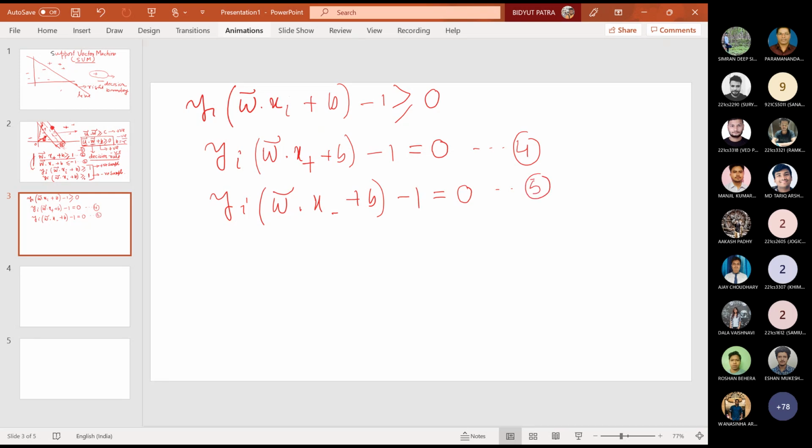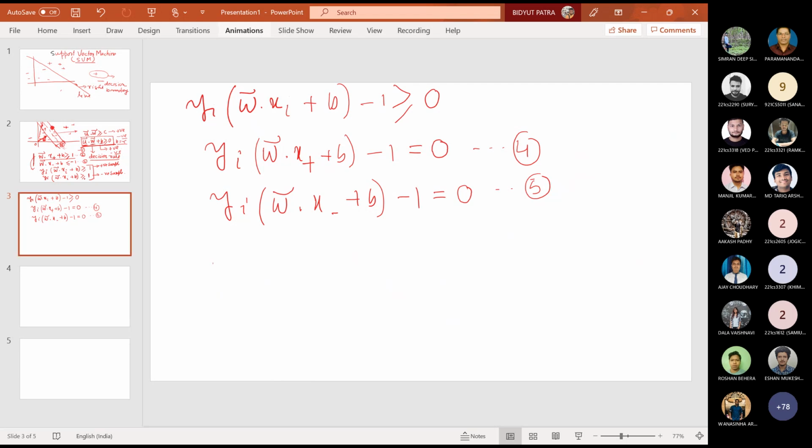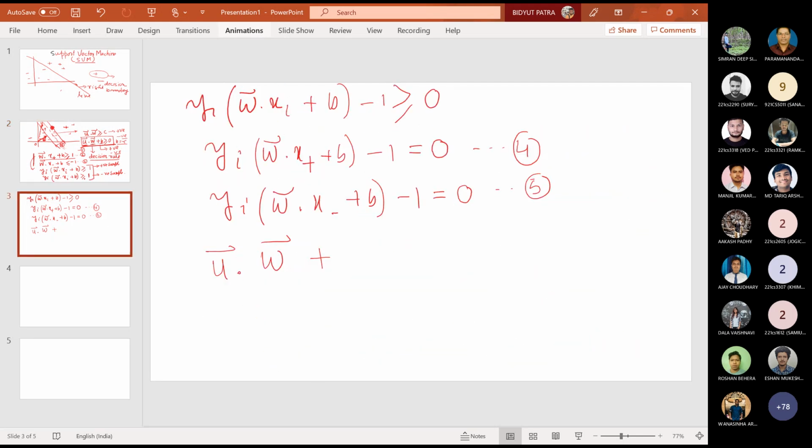Now what was the decision rule? The decision rule was this one: u into w plus b, and on the gutter it is 0.